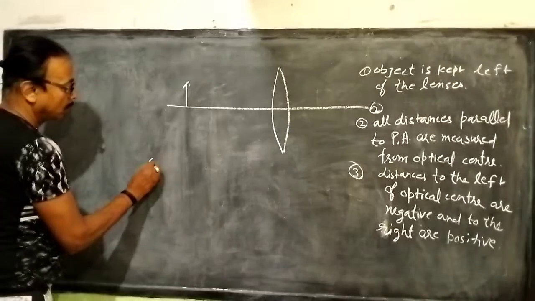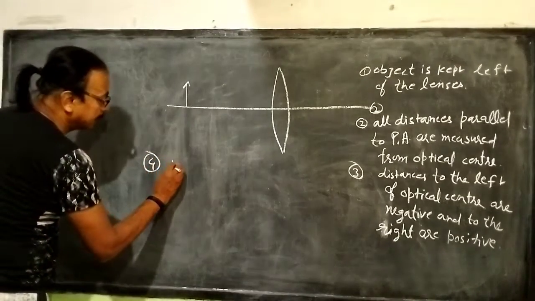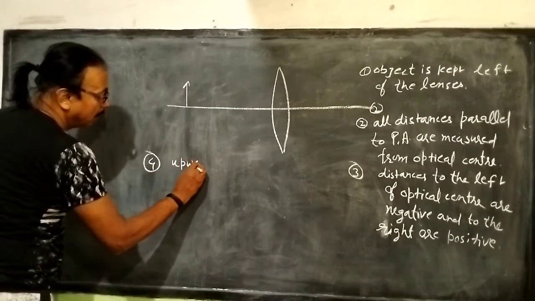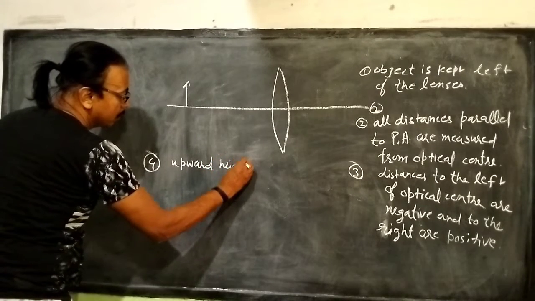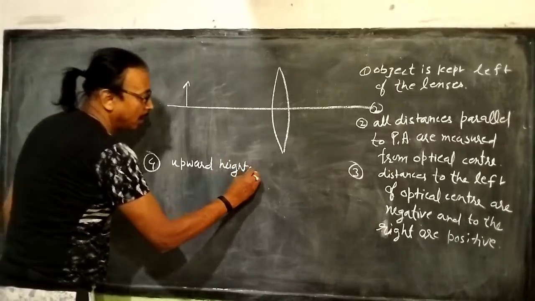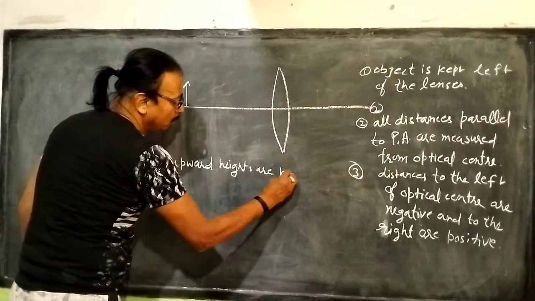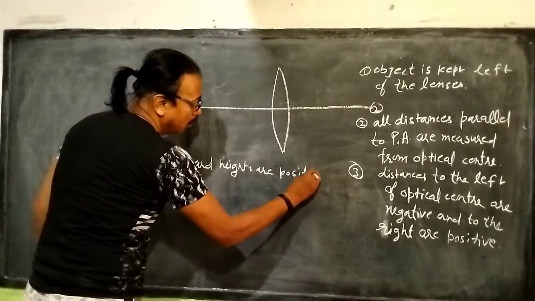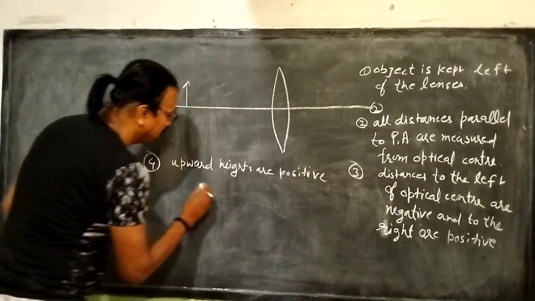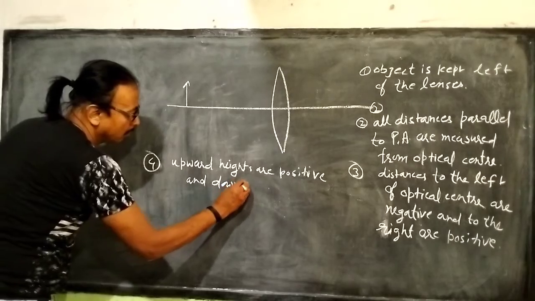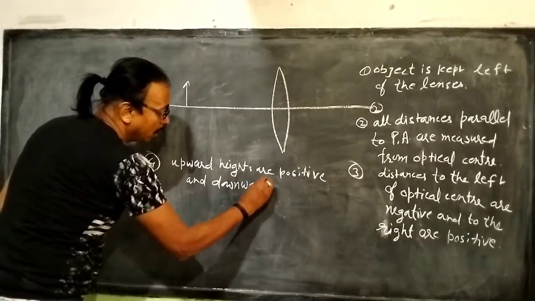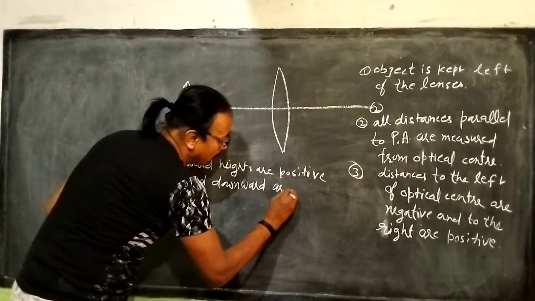And fourth, upward heights are positive, and downward heights are negative.